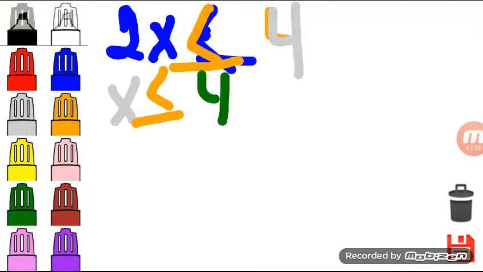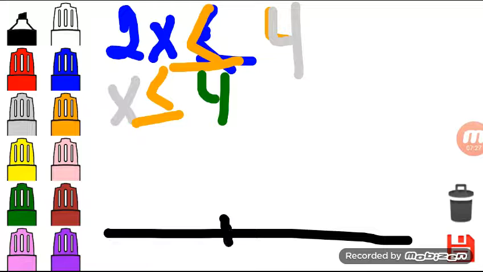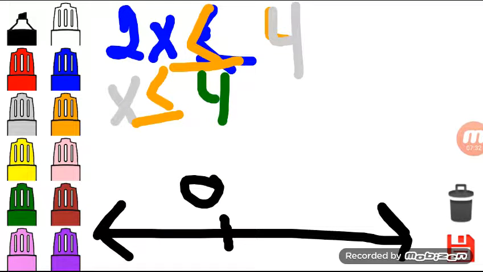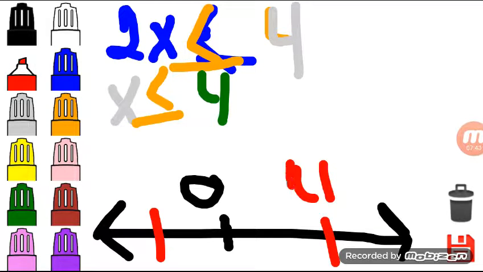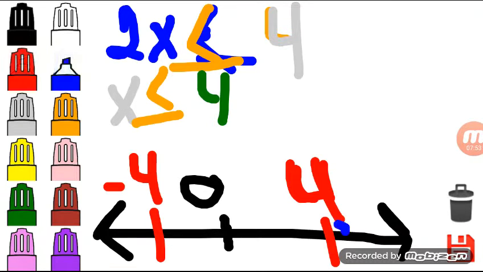So we got our number line, 0, and our arrows. The arrows just show that it goes on forever, guys. Then we're going to put 4 and negative 4. We're going to go to 4, circle it, and because it's equal, we're going to fill in this circle here.